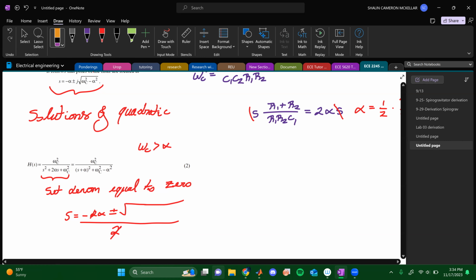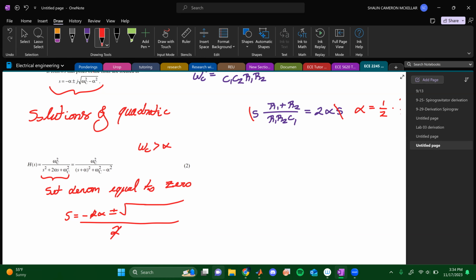So if we wrote out the quadratic formula, it would really be 2 alpha squared. That's b squared minus 4AC. And so that's omega c squared. Yeah, I'm not sure exactly how to get rid of that 4 term now that I'm looking at it, because this would look something like that.